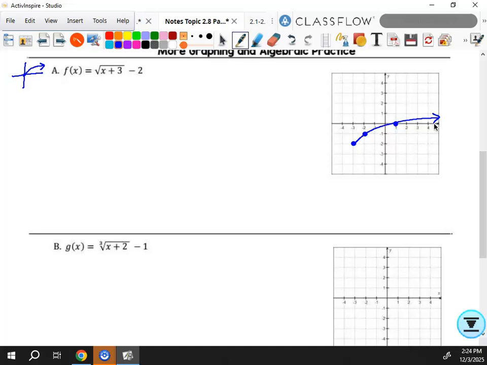Now, before we do anything else, for f, our original, we need our domain and range. Where does the domain start here? -3. Good. And we go to infinity. Do we include -3? Yes. Okay. Range, where do we start? -2.